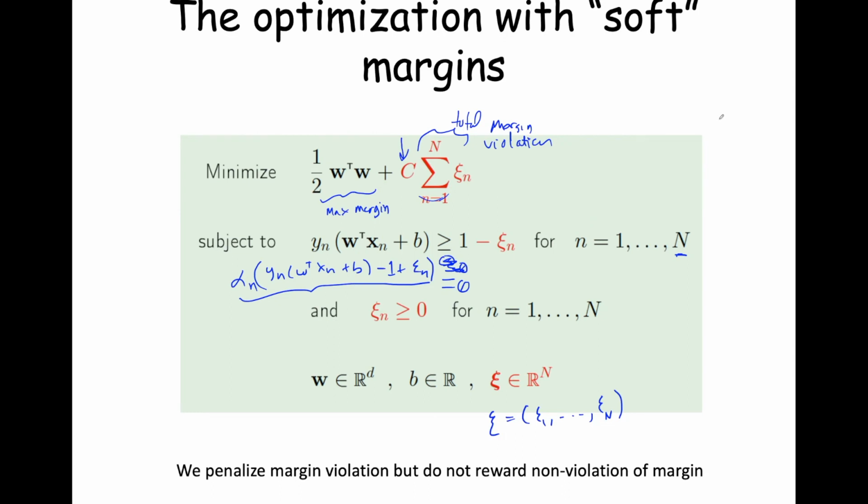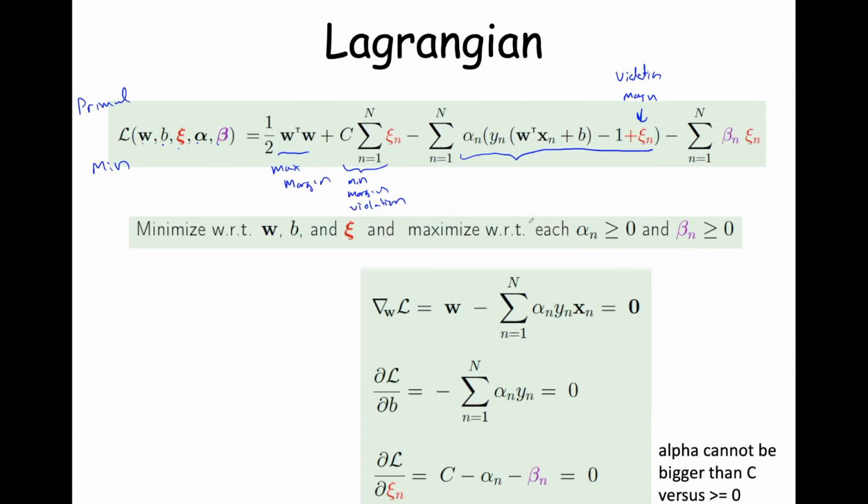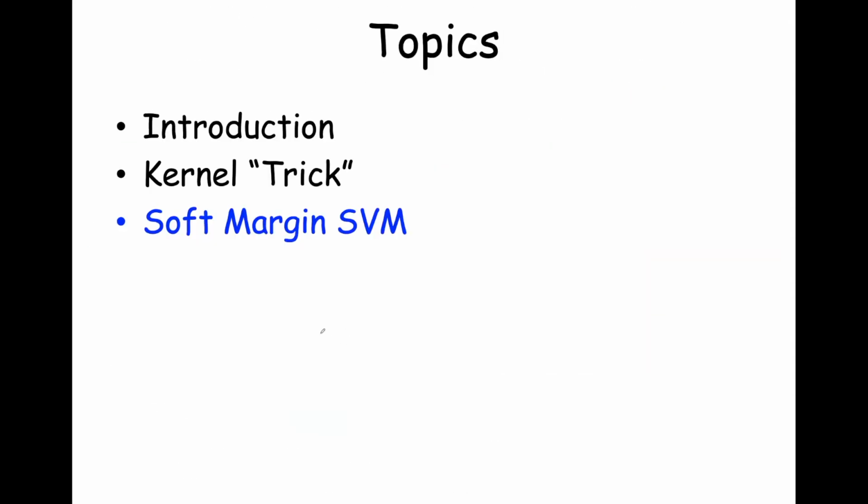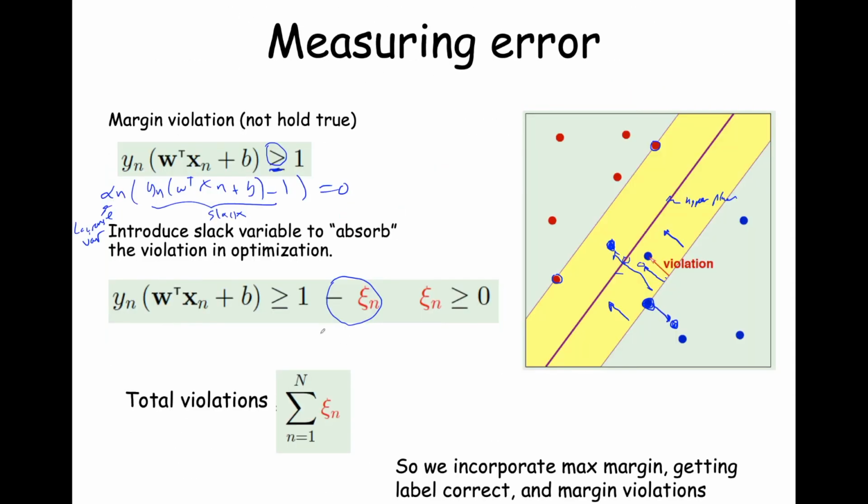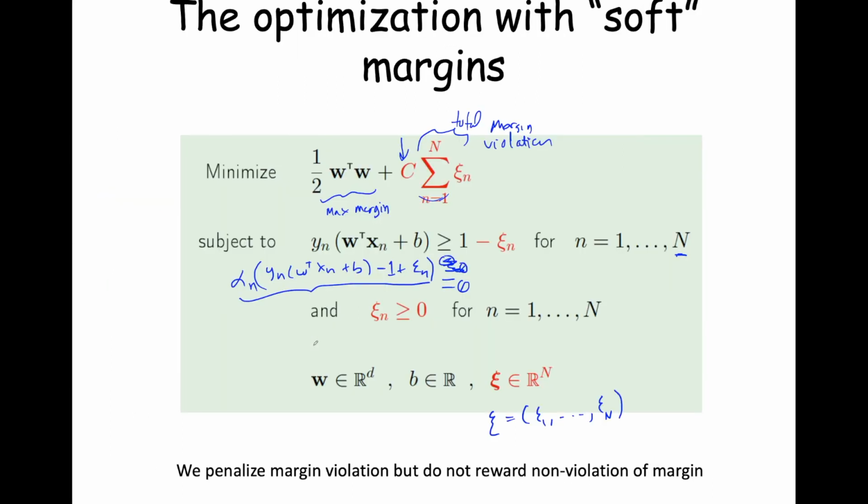Okay, so here, this third term here, if your psi n in the previous slide is greater than or equal to 0, well, remember, psi n is your margin violation.